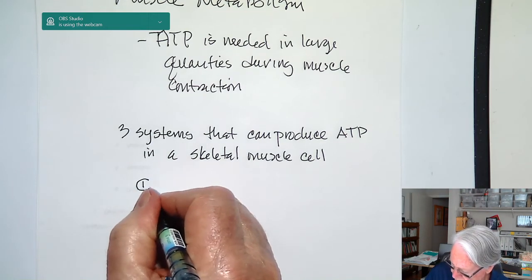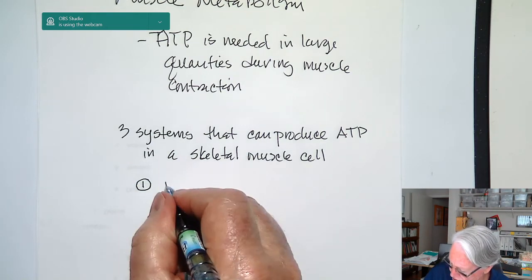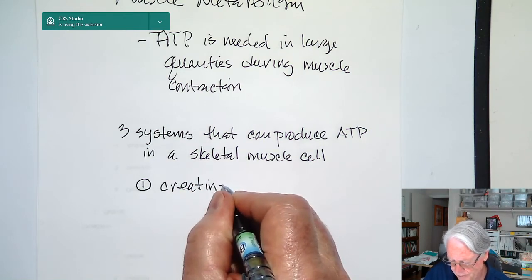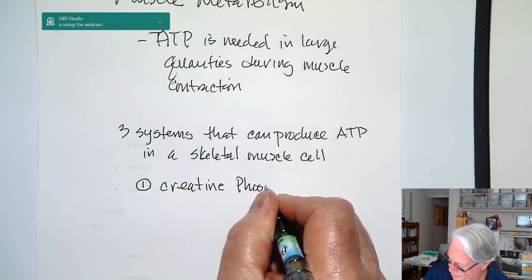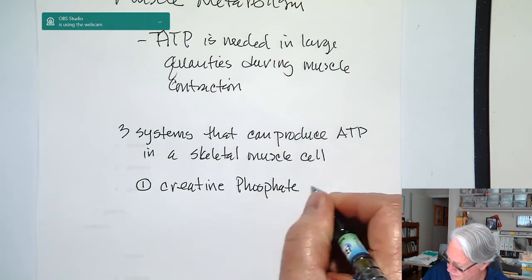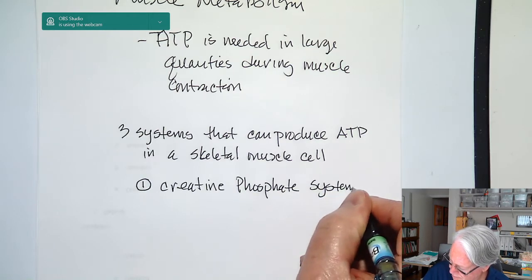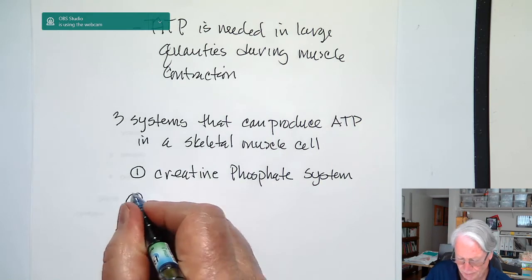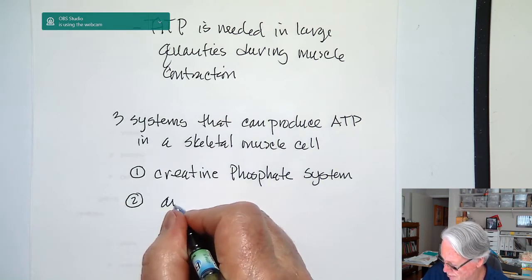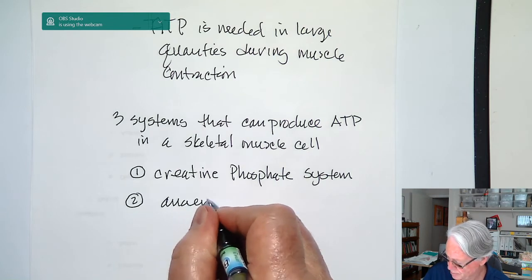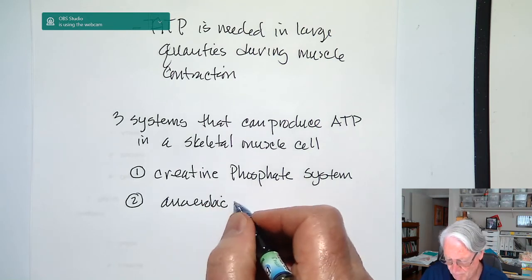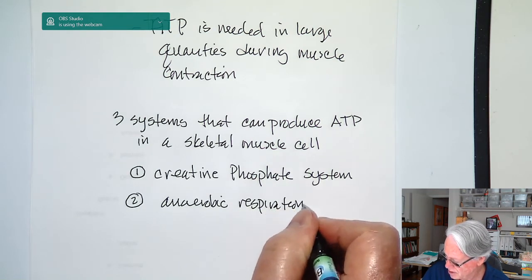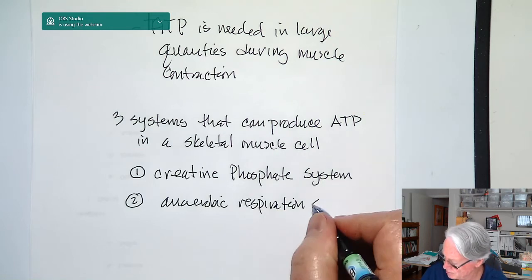Number 1, the creatine phosphate system. Number 2, the anaerobic respiration system.